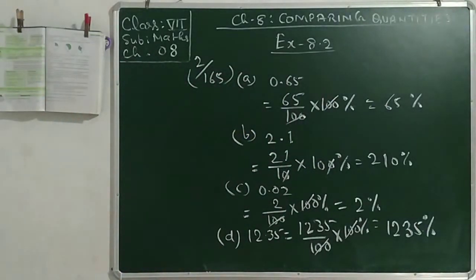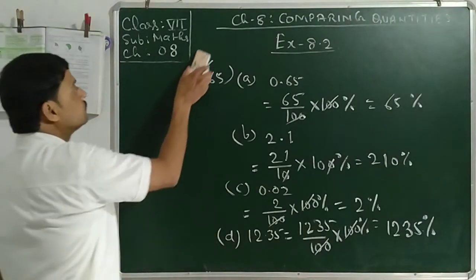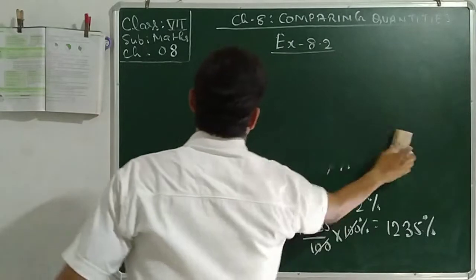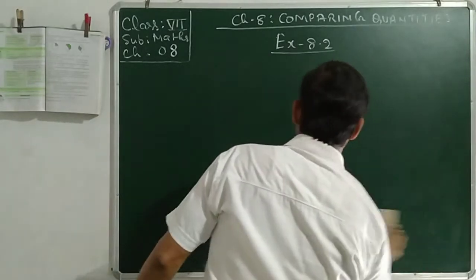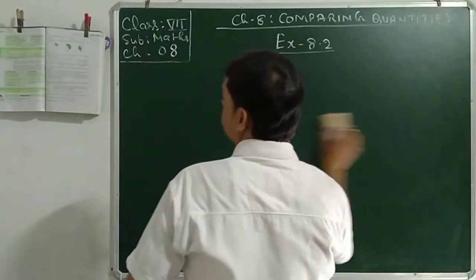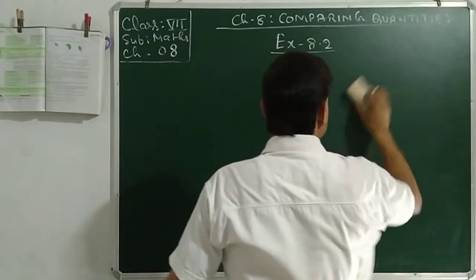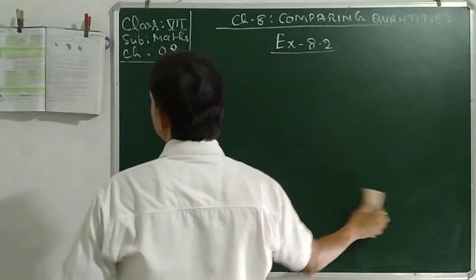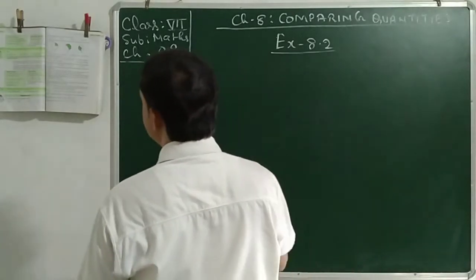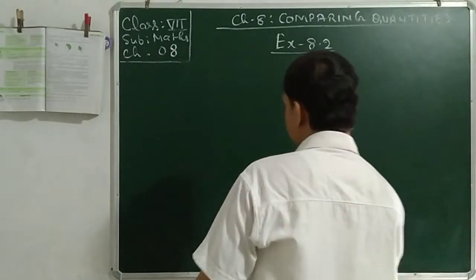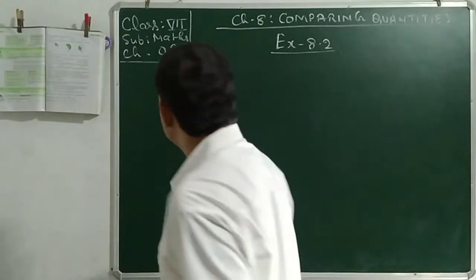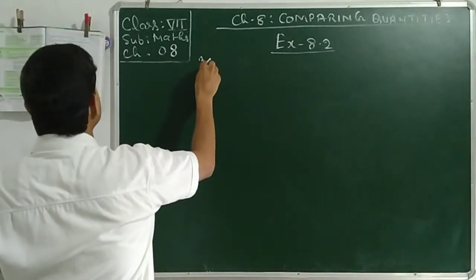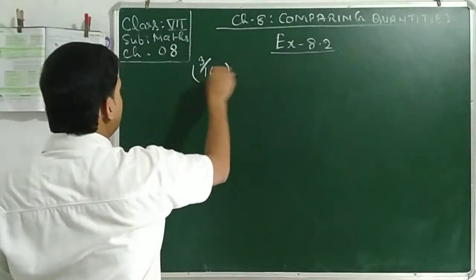Come to the 3 number sum now. In the 3 number sum, a figure is given there and you are asked to find the percent which is colored. As you had learned in the fraction chapter, that thing you will remind and solve it easily.